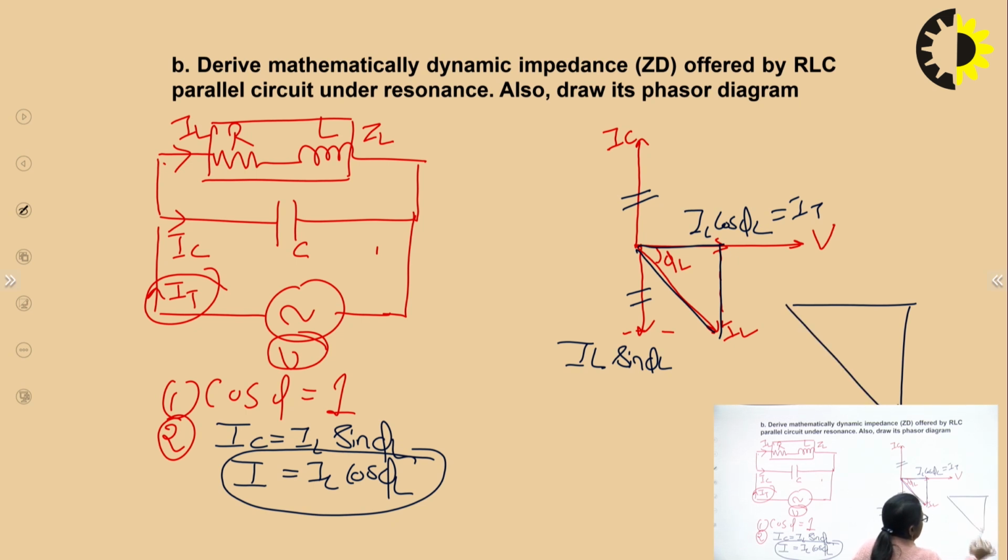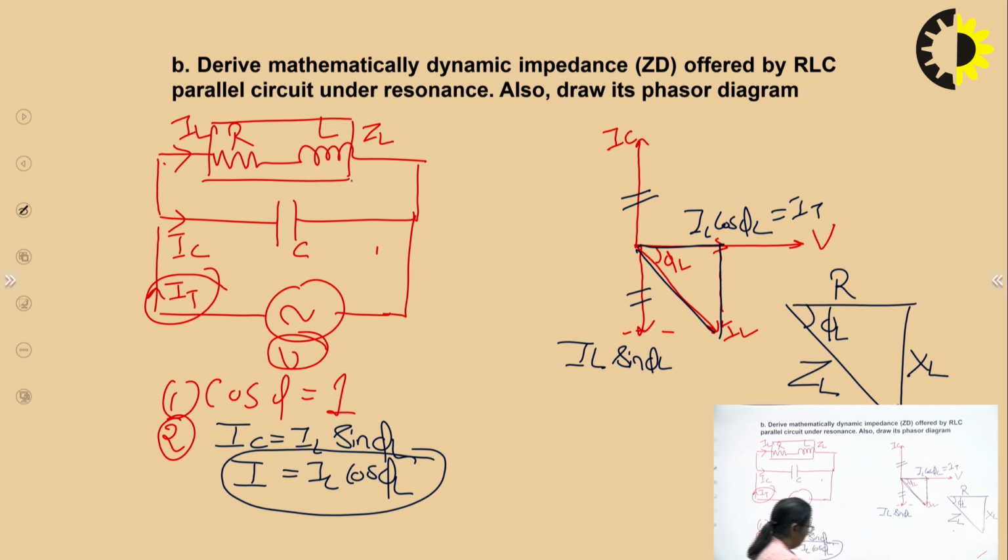This is the triangle giving me phi L. Can I draw the impedance triangle for the same phi L? The parameters I'll have are R, XL and ZL, because this corresponds only to the RL circuit, only to phi L, not for the complete circuit.